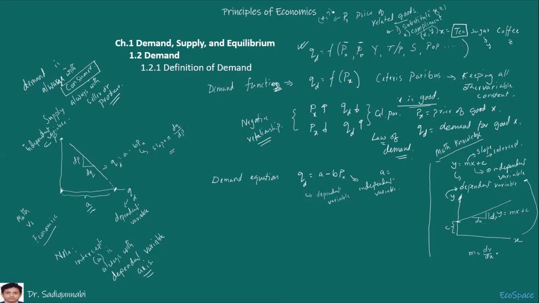But when the relationship is between X and Z, this is actually positive. So we have two symbols, positive and negative, for PR. Why? Because when two goods are substitutes, when the price of coffee increases, consumption of tea increases.